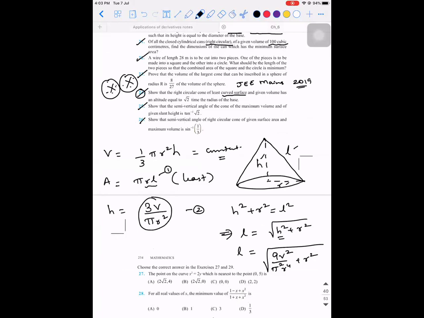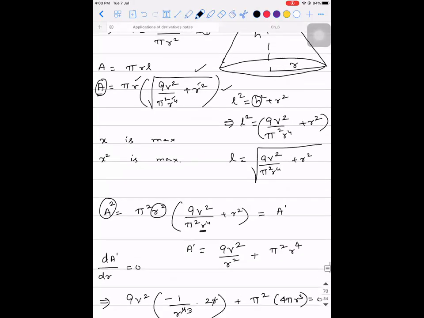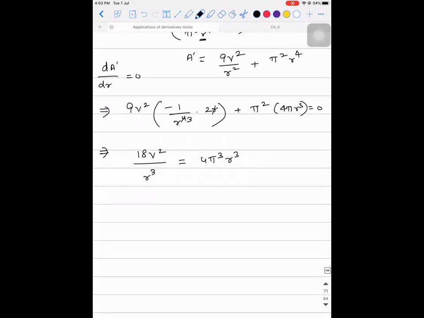Given volume, it has an altitude equal to root 2 times the radius of the base. Altitude equal to root 2 times the base. So which implies r power 6 is equal to 18v square divided by 4 pi cube.